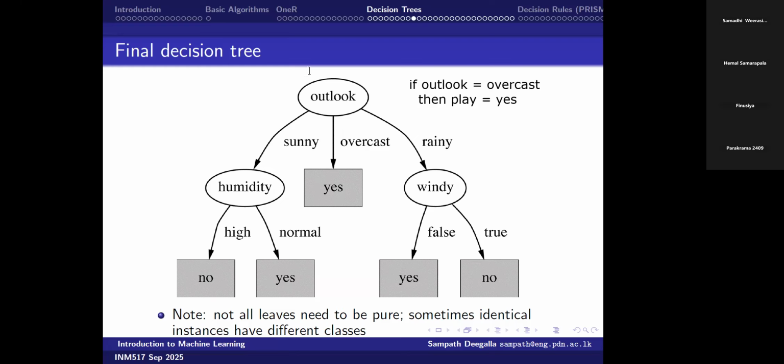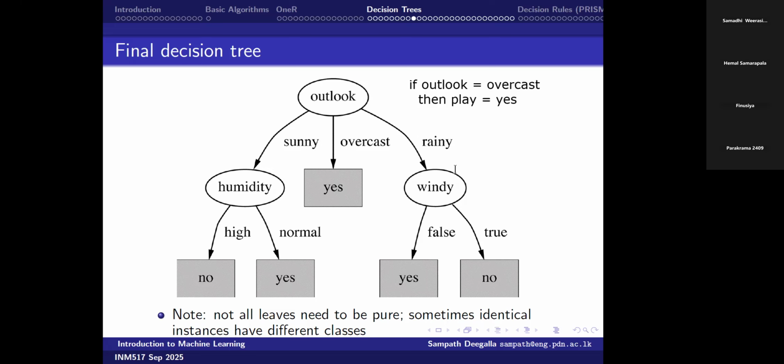If you build a decision tree and try to convert it into a rule set, you can create 5 rules. The first rule: if outlook is overcast, play is yes. Coming to the left branch, if outlook is sunny and humidity is high, play is no. If outlook is sunny and humidity is normal, play is yes.